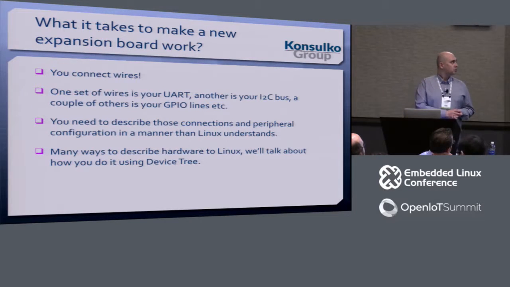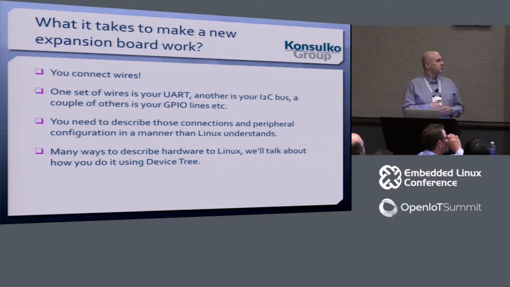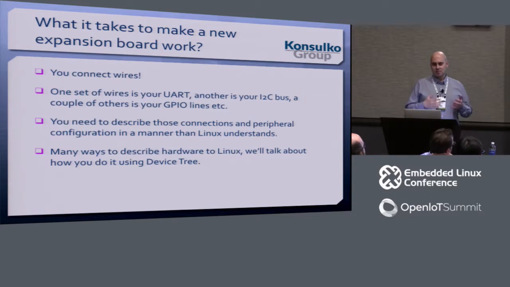So how do you make your expansion board work? You just connect wires. On a mental level, it's simple. You have pins that are your UART, you have I2C, you have GPIO lines, and the mental model is simple. You just configure your expansion board to accept signals that are one set of device or another, and then it should work.